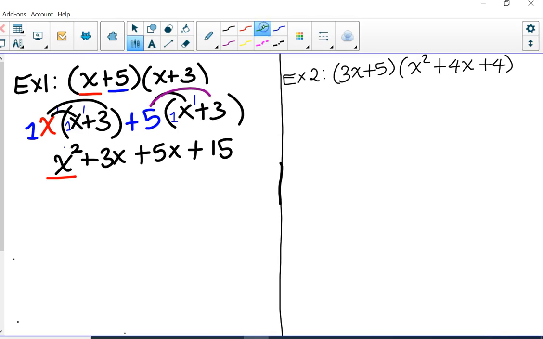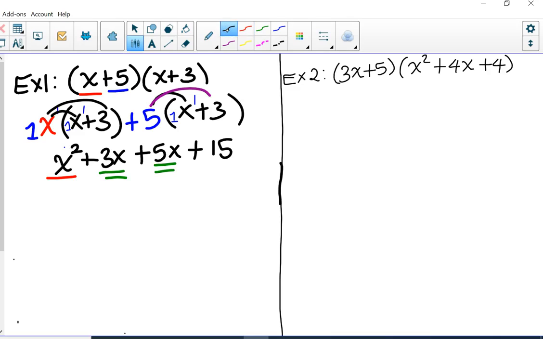Then I identify everything with an x and put 2 lines under it. And then 15 is all by itself. Once you've underlined your like terms, you rearrange them if you need to. Right now, all my like terms are beside each other, so I'm good.